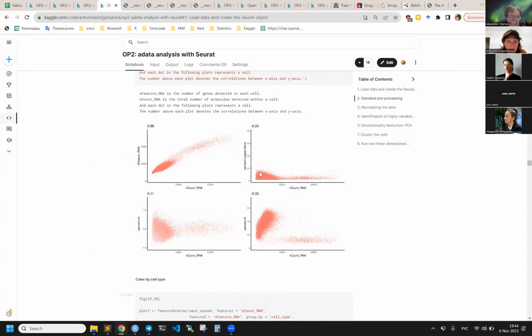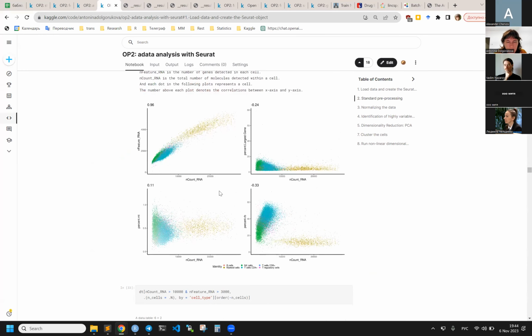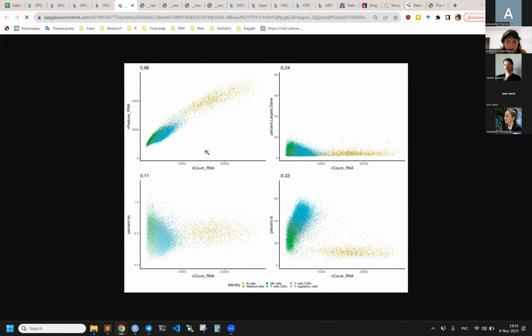So we will just color these plots by cell type, right? We have different cell types, so it may be helpful here. Our myeloid cells and B cells, yellow and red, are the cells in which we are mostly interested, because we have to predict some drug effects in these two cell types, right?